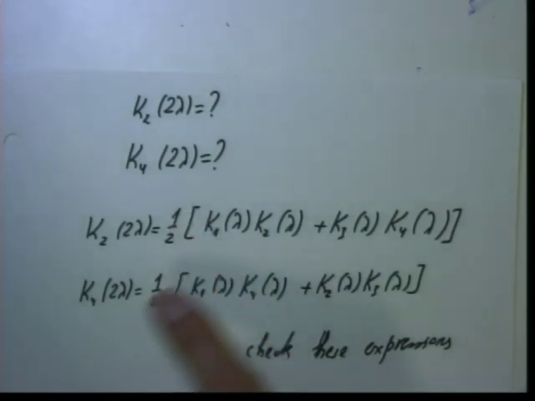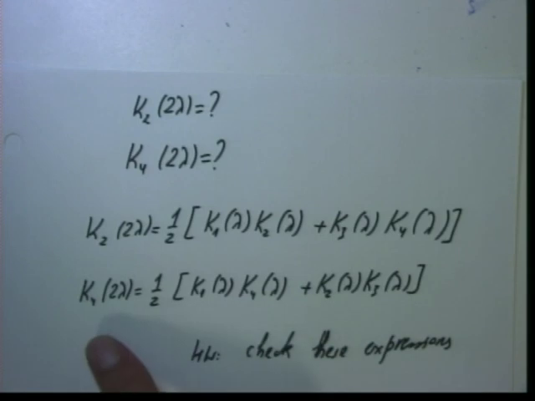Please write down K2 of 2 lambda equals this, K4 of 2 lambda equals this. That is what I'm maintaining. And please check whether this is right or not.